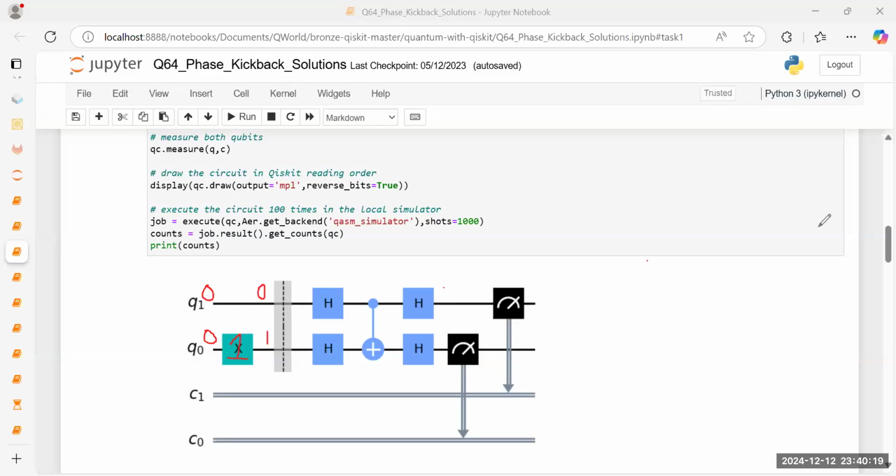But let's say they started off with 1, 1. In that case, if I had a constant 1 operator, we're going to have 1, 1. So it's not the same. This is still an X operator.